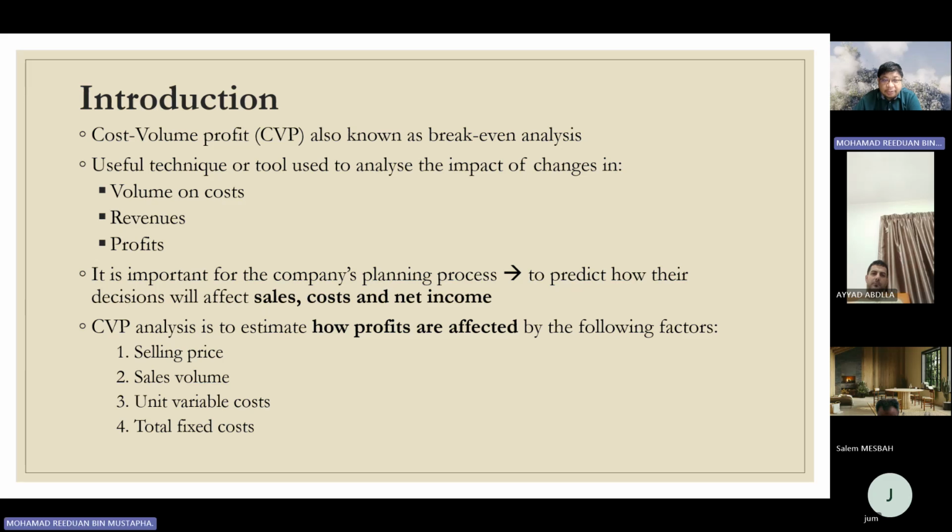So it is important for the company planning process to predict how their decision will affect sales, cost, and net income. You need to plan how much income you are expected to make, because your KPI has a target, which is that you need to achieve a certain level of sales.